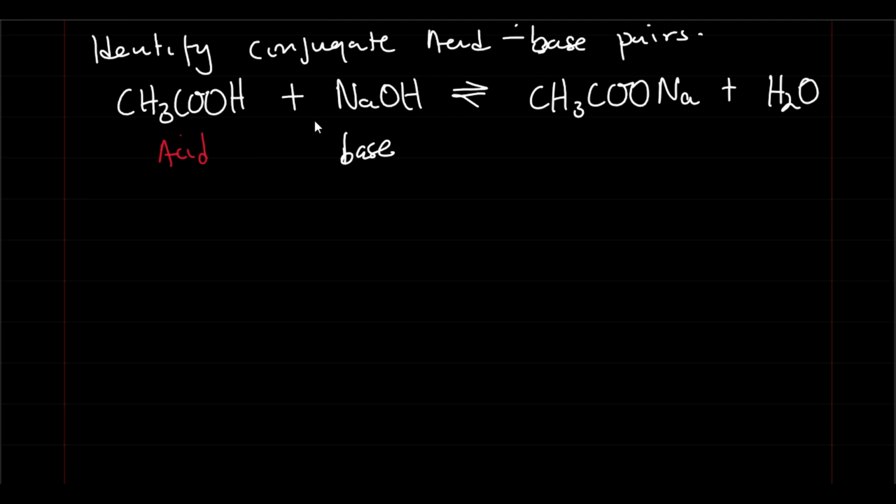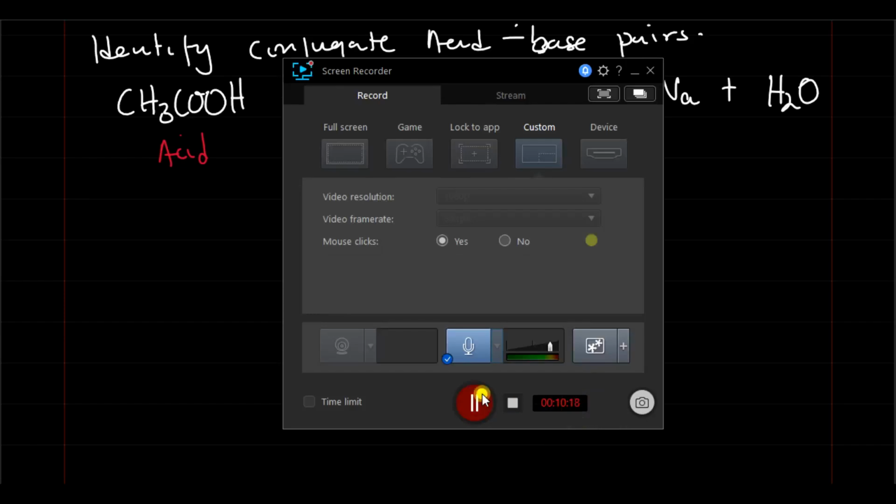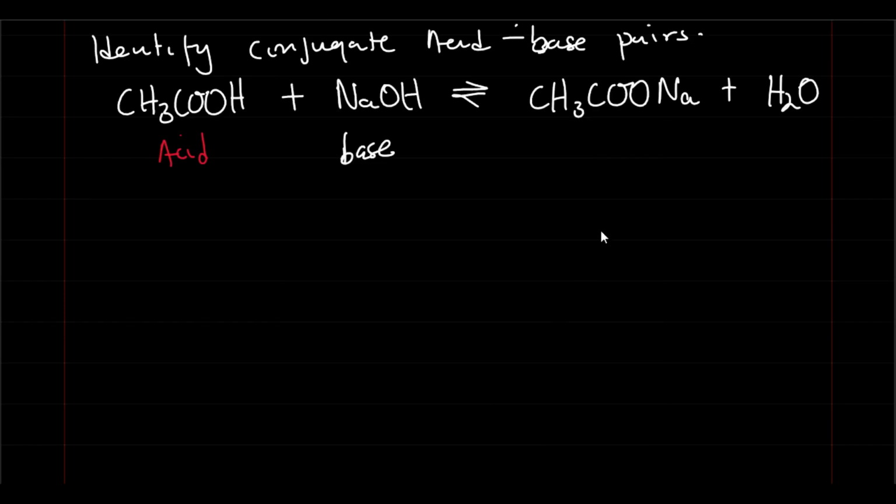So now from that we can proceed and say, now in here, on the right hand side, what do we have? We have a CH3COO.